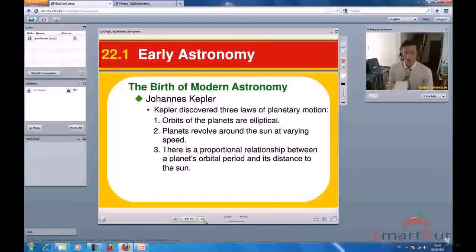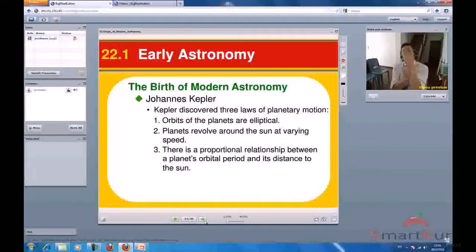Kepler, coming about 50 years later, in the early 1600s, realized that the orbits of the planets were elliptical, and that the sun was at one focus of the ellipse. So it was not a circle with the sun at the center. They were an ellipse, like an oval, with the sun at one focus.